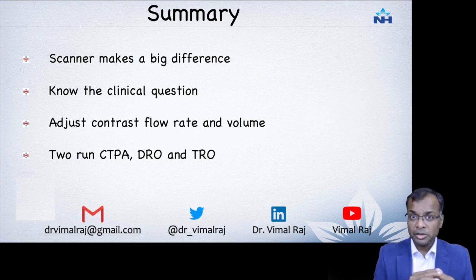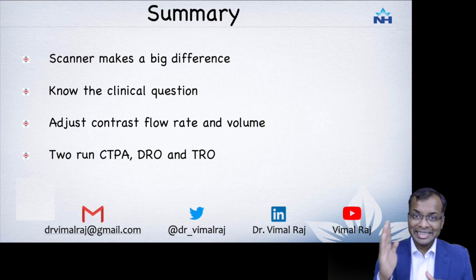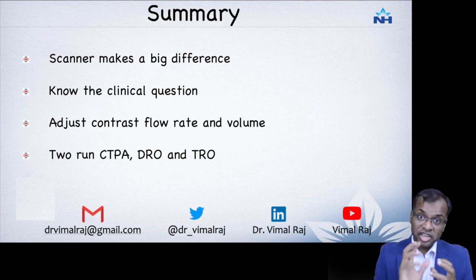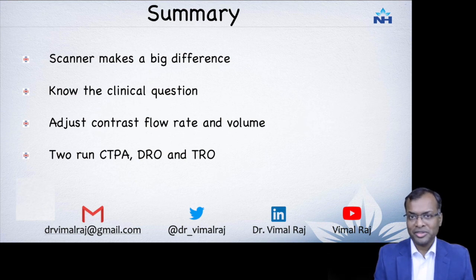You may be able to spread out your contrast injection, use the 40-30-30 principle, reduce the rate of contrast in slower scanners so the contrast injection lasts for longer, and use a saline chase, which will again help you in reducing the amount of contrast. Low density contrast can be useful in a lot of these scenarios, and you may benefit from that.